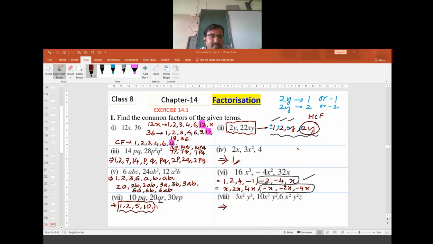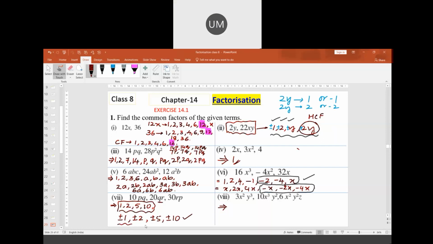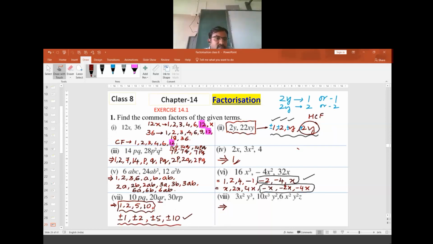Like that, minus factors also will be there. Why do we not write that? That is what I said. They are all divisible by plus or minus 1, plus or minus 2, plus or minus 5, plus or minus 10. This answer is correct, but we usually consider only positive numbers.